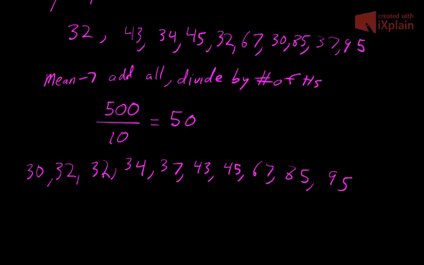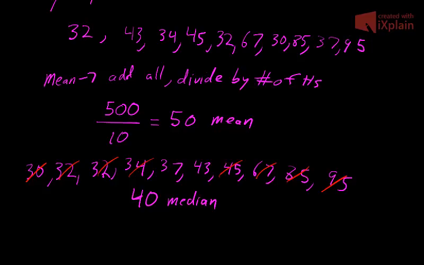All right, and that's all 10 of our numbers, and crossing in from the middle, I have that my median is going to be the average of 37 and 43. The middle number there is 40. So my mean is 50, and my median is 40.